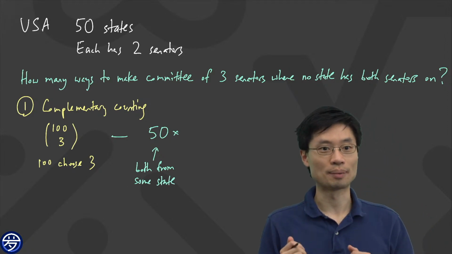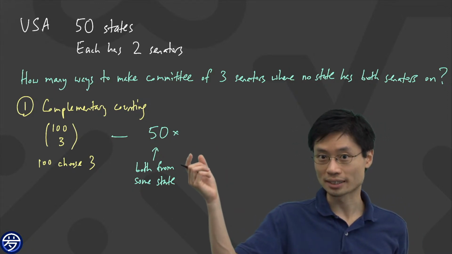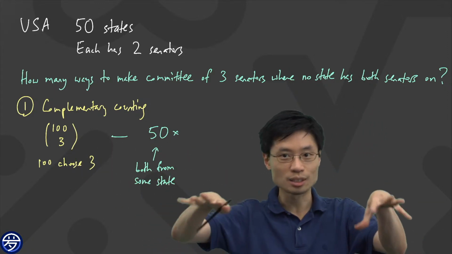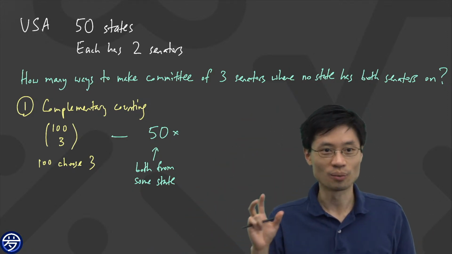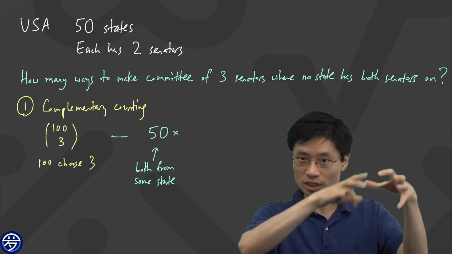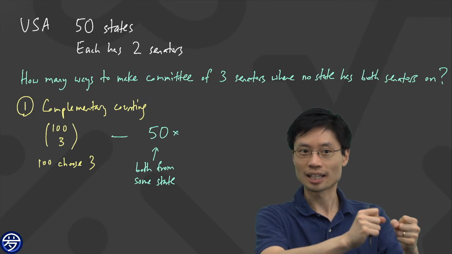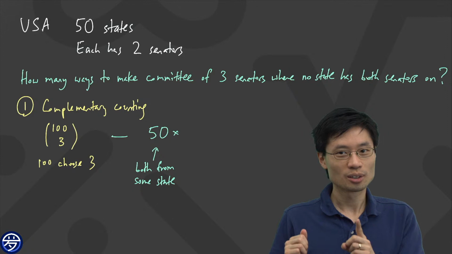And then what would I multiply by? What's a reasonable thing to multiply by? Can anyone help me out? Suppose I said I have to minus something. I start with all the ways to pick 3 people, and I say, but some of these are not allowed. The ones that are not allowed are these 50 states, where there are 50 ways to say that state dominated, times what? Do I times 49? Are you sure? You have to think about it.